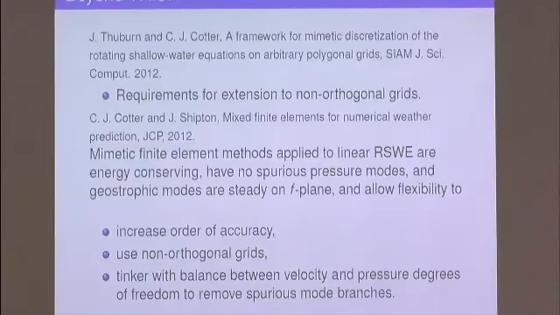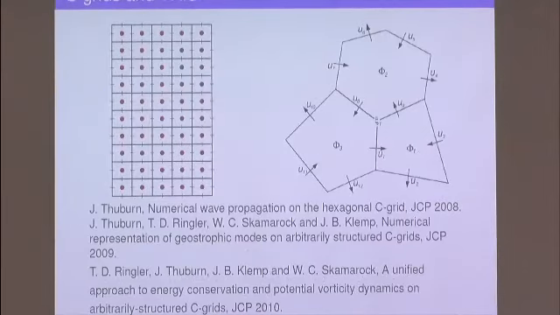Okay, so now I'm going to talk about some steps which have gone beyond that. One thing we wanted to be able to do was remove this orthogonality requirement, which I just showed you here, which is that the line between the pressure points crosses the edge at right angles.